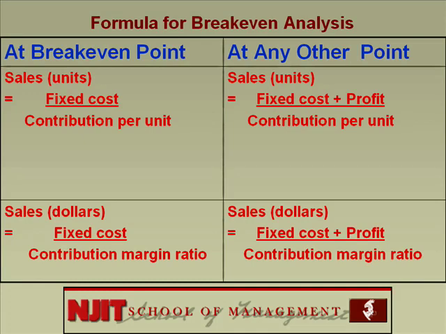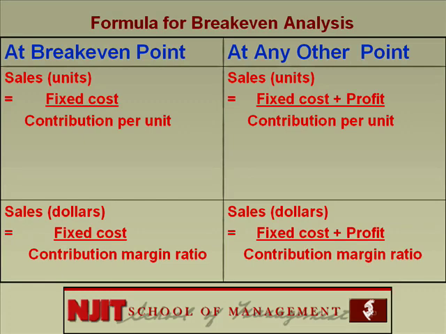What is contribution margin ratio? We'll come back to that a little later on. Look at the right side. At any other point means when you make a profit or a loss. The formula is sales in units equals fixed cost plus profit over contribution per unit. If in a problem they asked you what's the sales in dollars, it equals fixed cost plus profit over contribution margin ratio.